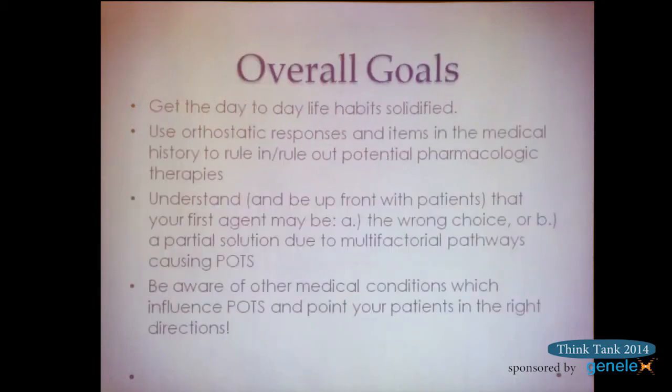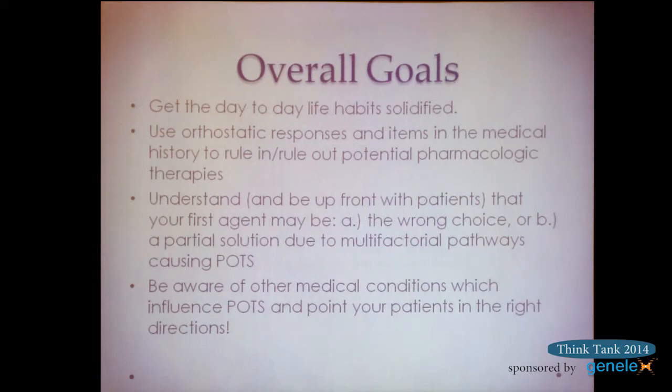So the overall goals of management for POTS is really to get the day-to-day life habits solidified as much as possible. Use your colleagues, your subspecialists that you work with, to help work together and get the headaches and the neuropathic pain and the GI issues and all the rest under control so the patients can have the best quality of life possible.